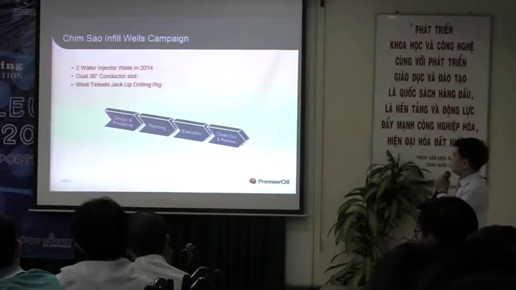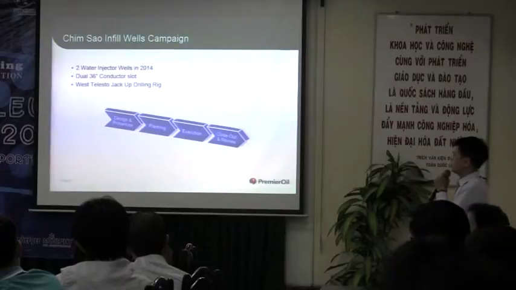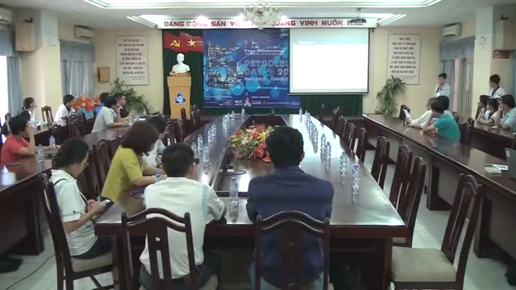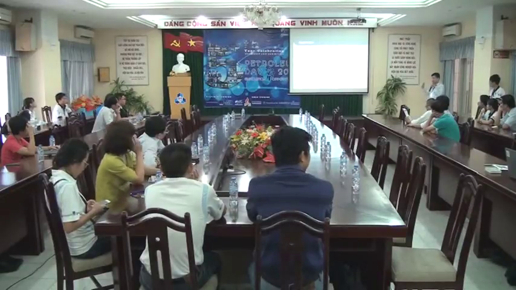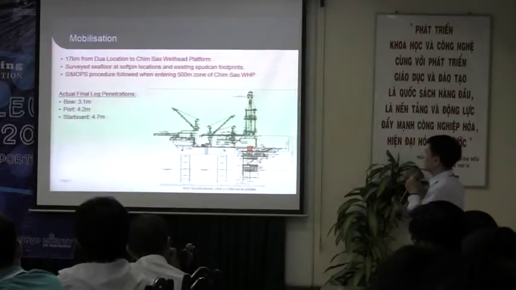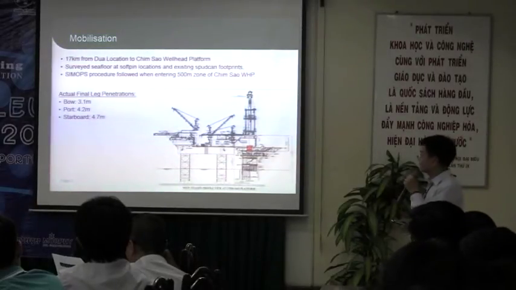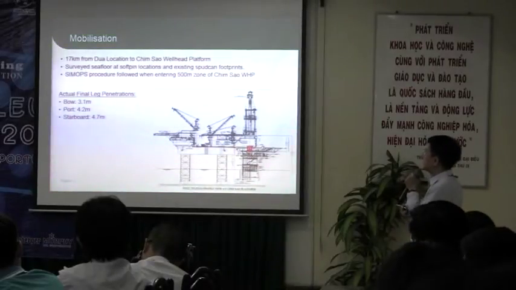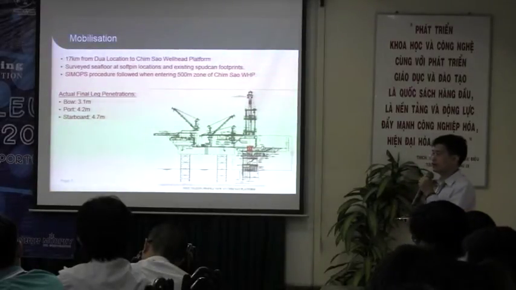And again, like I said before, we apply the same approach with the 4 main steps here. That's quite standard. After we do all the design, procurement and contracting, now is the time to mobilize the rig. We mobilize the wet telescope rig from the zero field, which is 17 kilometers away from the Team South.